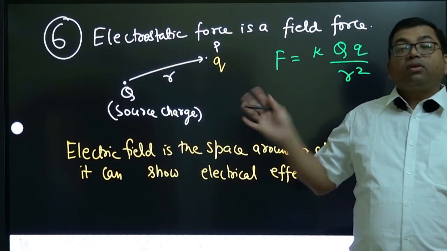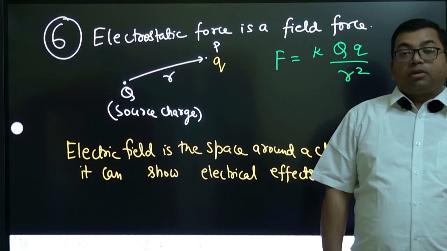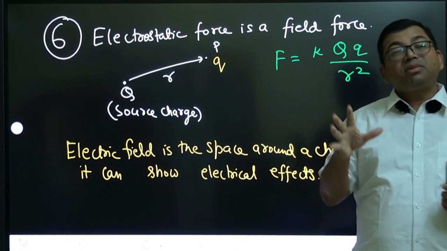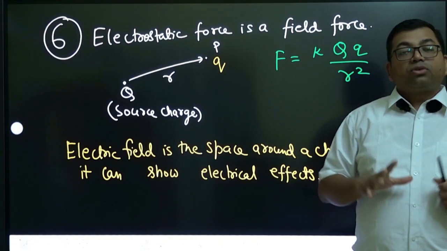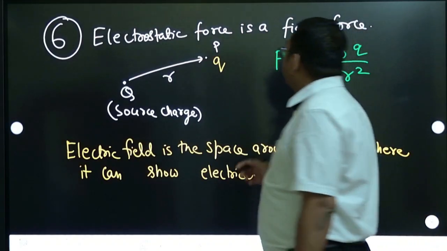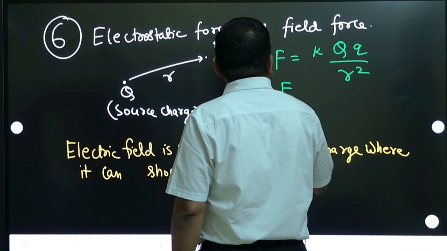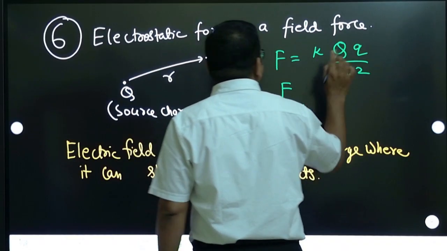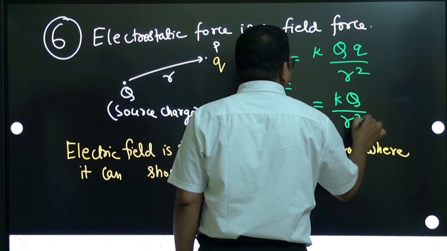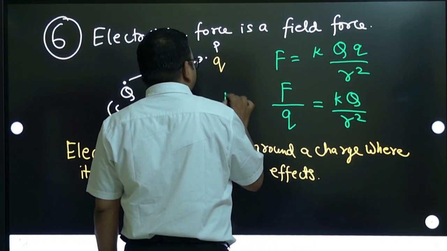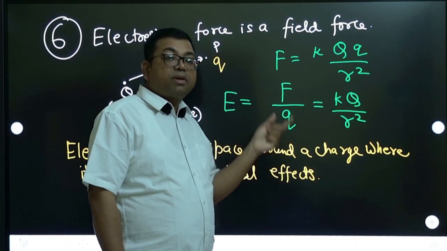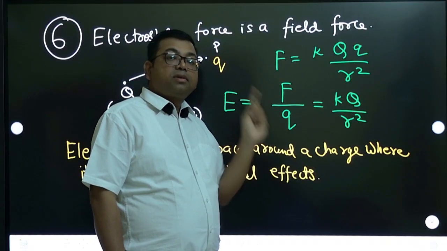But force depends on the product of charges, and you want to study the field due to the source charge, so you have to eliminate this small q. To eliminate it, you can divide the force by this charge. Then it gets eliminated, leaving k Q by r square. This is what is called the field. So field is nothing but force divided by the charge which we are bringing there.